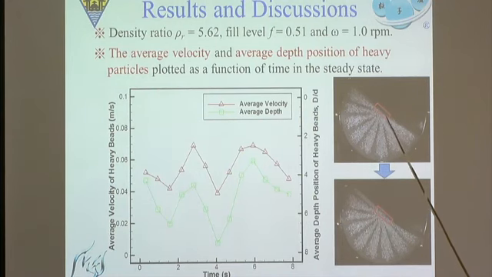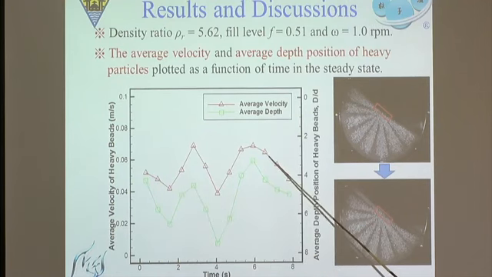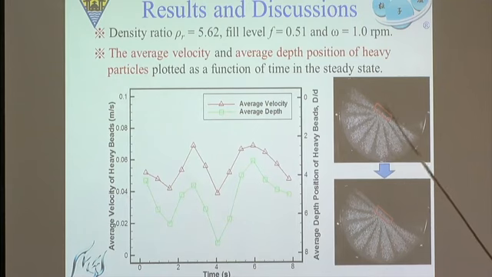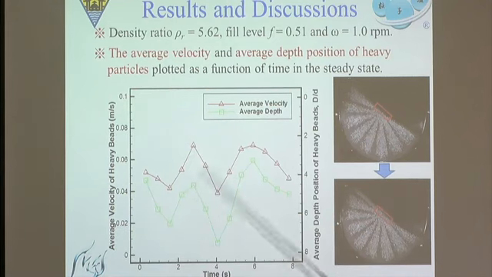We also look at this region, and we use PTV to measure the average depth and the average velocity of the heavier particles. We can see this is the velocity of the heavier particles, and this is the position, the depth from here. We can see it changes very periodically. Actually, from here to here is just like one avalanche.